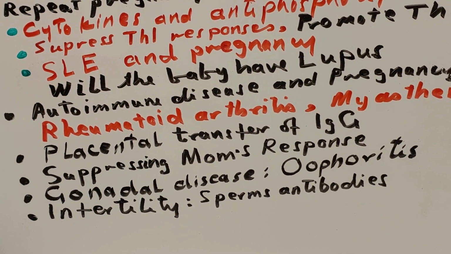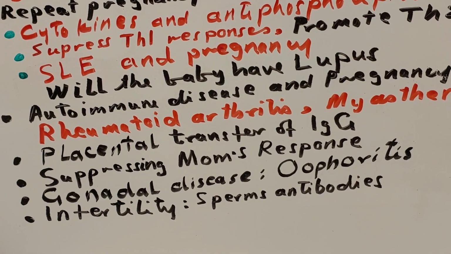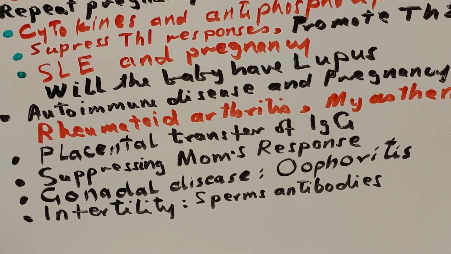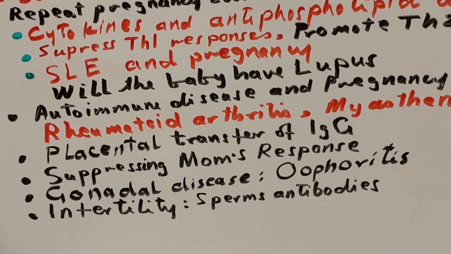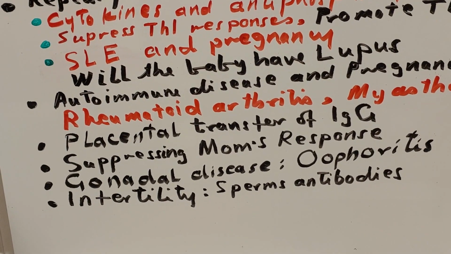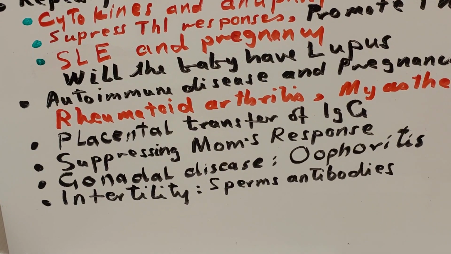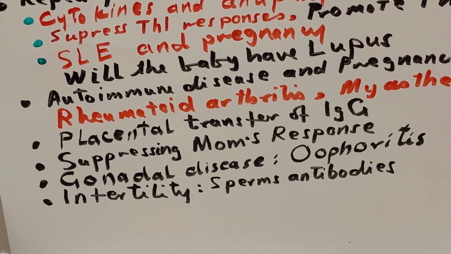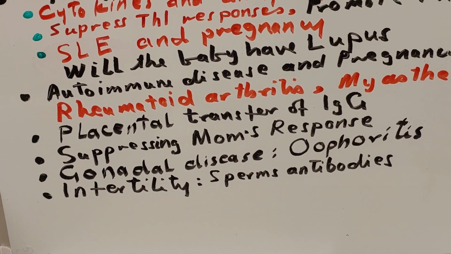So, to avoid destruction of fetal tissue by cytotoxic T cells and natural killer cells, these two cells, T cytotoxic and NK cells, usually attack cells expressing major histocompatibility class 1.